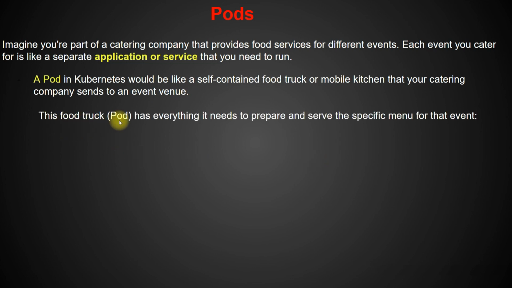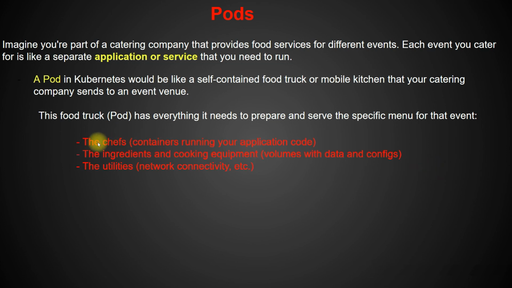This food truck, which we now call the pod, has everything it needs to prepare and serve the specific menu for that event. For example, we have the chef, and the chef inside the pod is the containers running your application code.